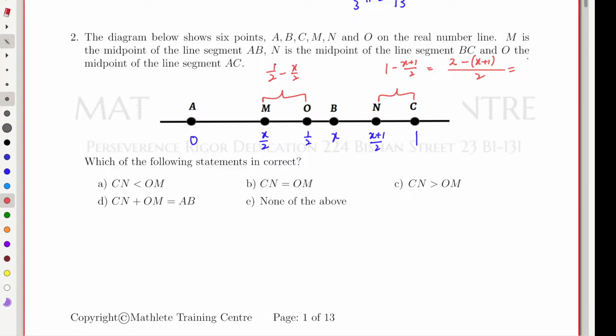So this is actually (1 minus X) over 2, right? That's the same as the first expression on the left. Both of these are exactly (1 minus X) over 2. And in that case, we know CN must be equal to OM in all cases. So the answer is option B.